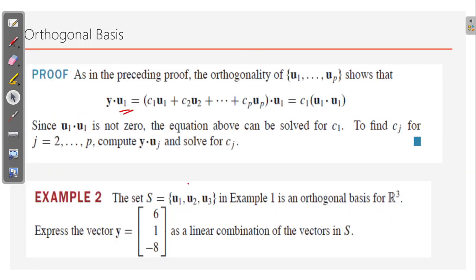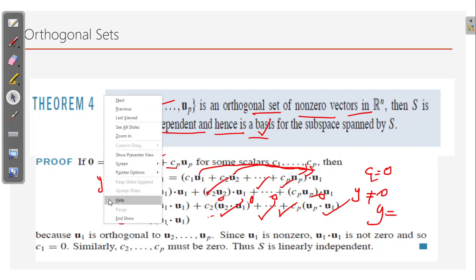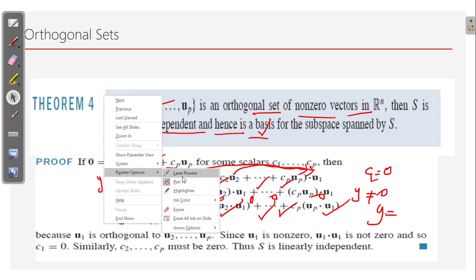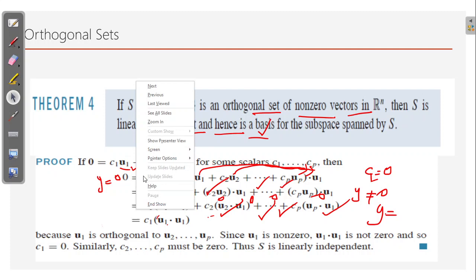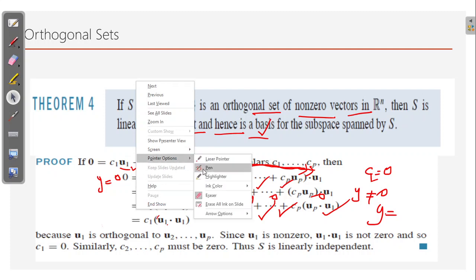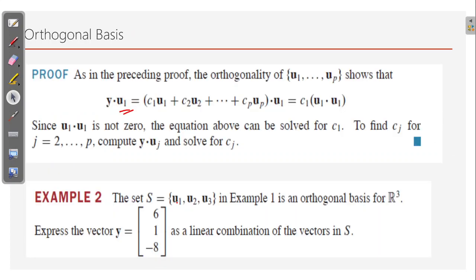So finally you will get y dot u1 equal to c1 into u1 dot u1.